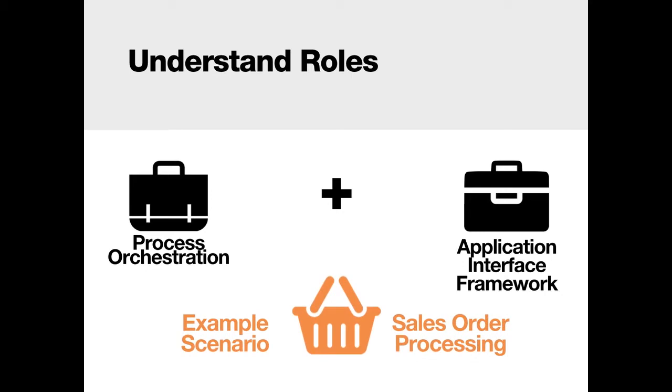In this scenario, a customer sends a purchase order that in our environment will create a sales order. The process starts with a customer sending the purchase order. In our environment, this purchase order is received as an EDI message.